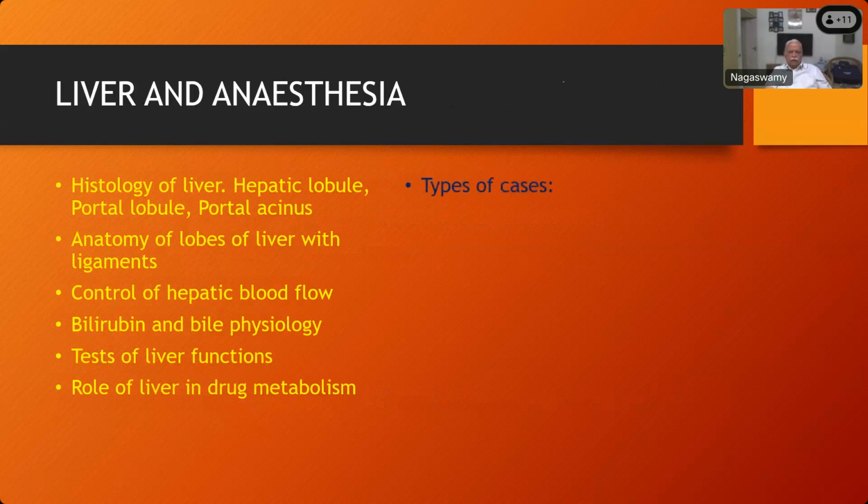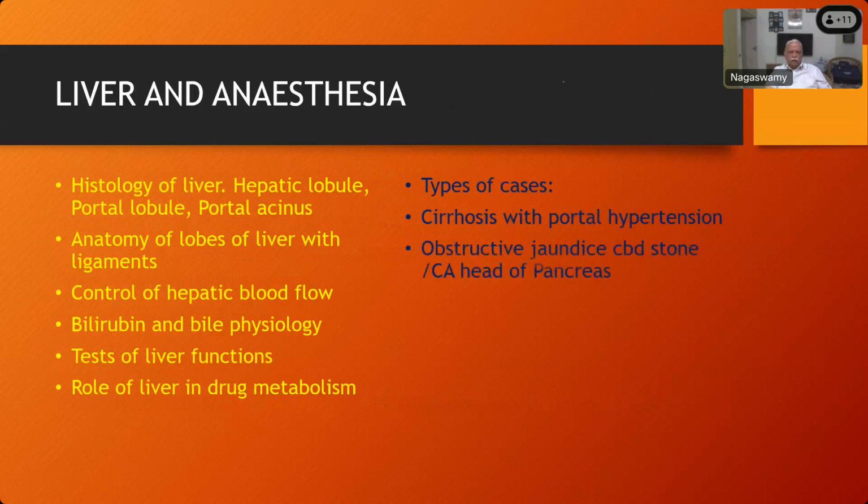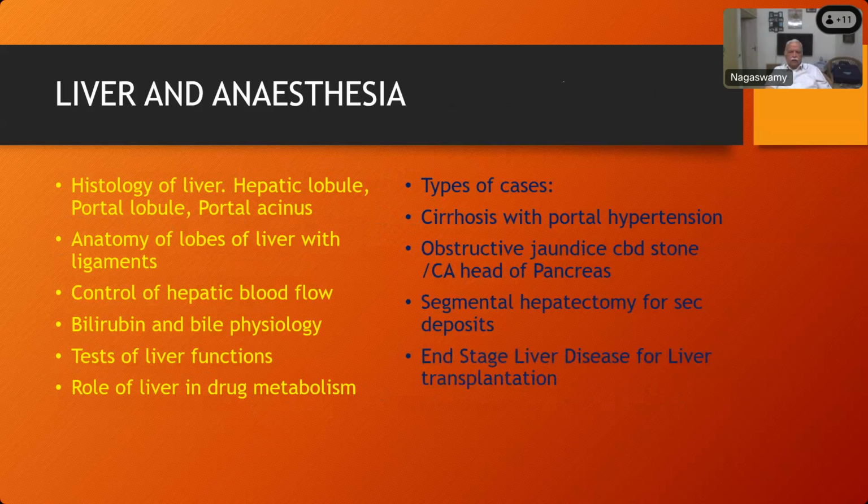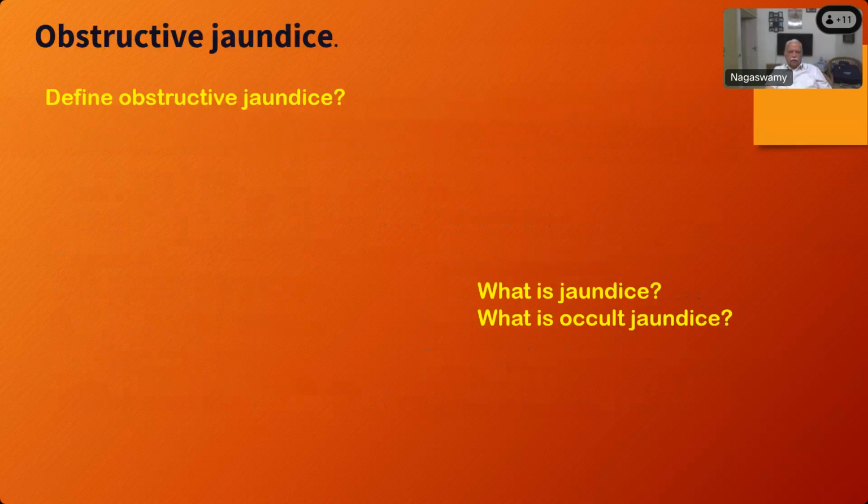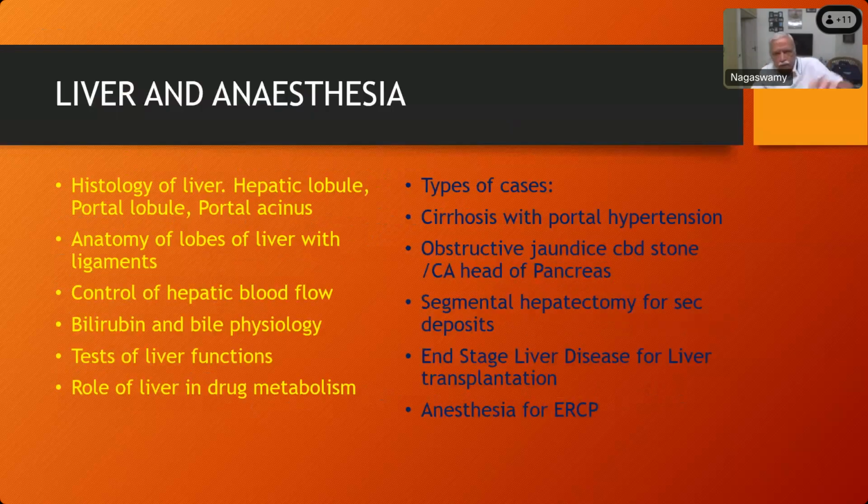The types of cases that can be encountered are cirrhosis with portal hypertension, obstructive jaundice with CBD stone or carcinoma of the head of pancreas, segmental hepatectomy for secondary deposits, end-stage liver disease for liver transplantation, and anesthesia for ERCP. These are all the things that can be asked.